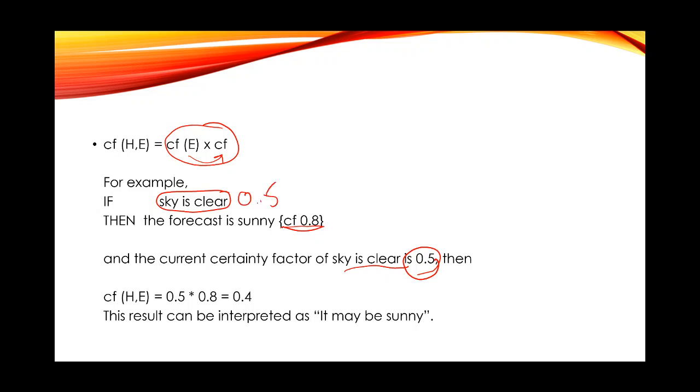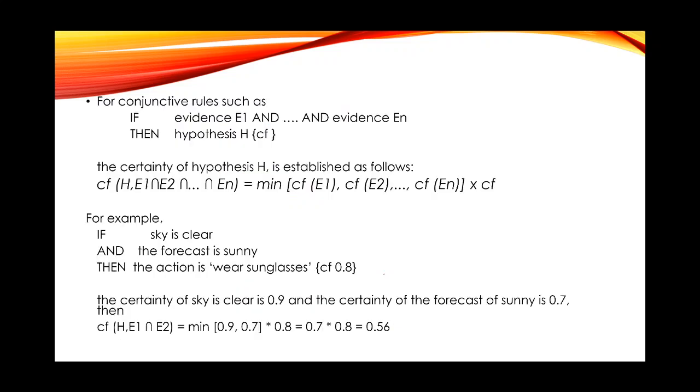So what about our CF here? CF of the hypothesis would be 0.5 times 0.8, that is equal to 0.4. 0.4 can be interpreted as maybe, meaning that the forecast of sunny may be sunny.